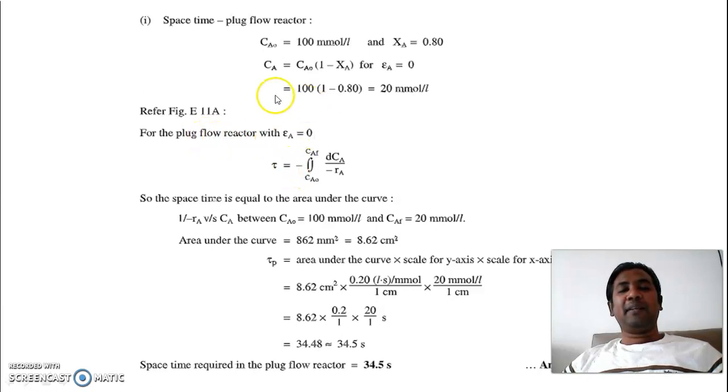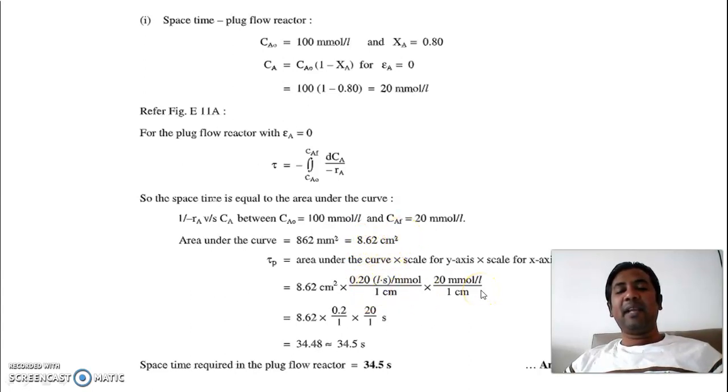Now for the plug flow reactor, tau is equal to minus integration from Ca0 to Cf of dC upon minus Ra. We have plotted a graph of 1 upon minus Ra versus Ca, so your tau value for the plug flow reactor will be the area under the curve, right? The area under the curve we have got is 8.62 centimeter square.